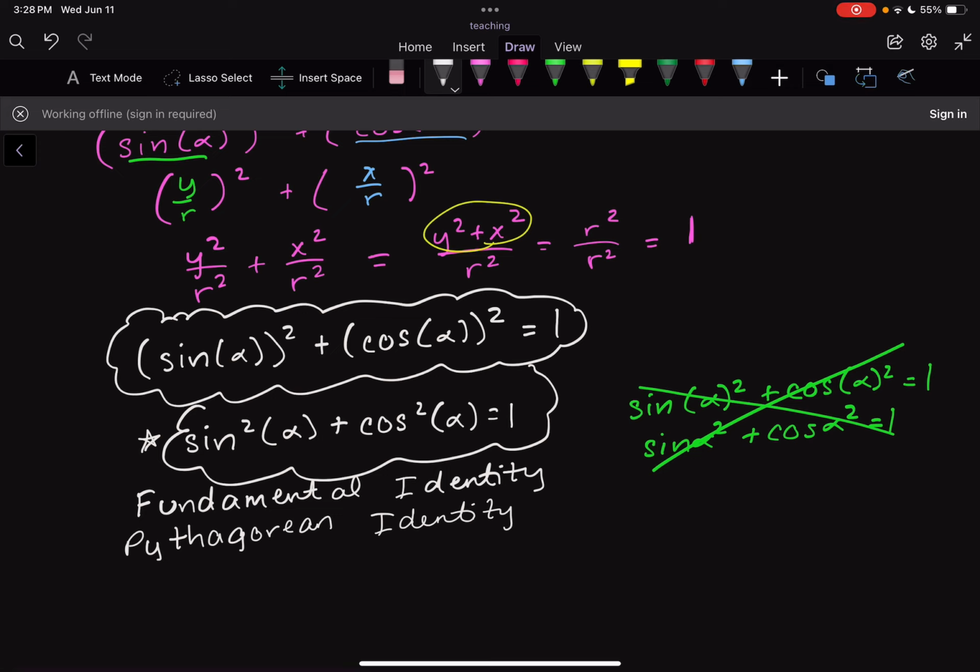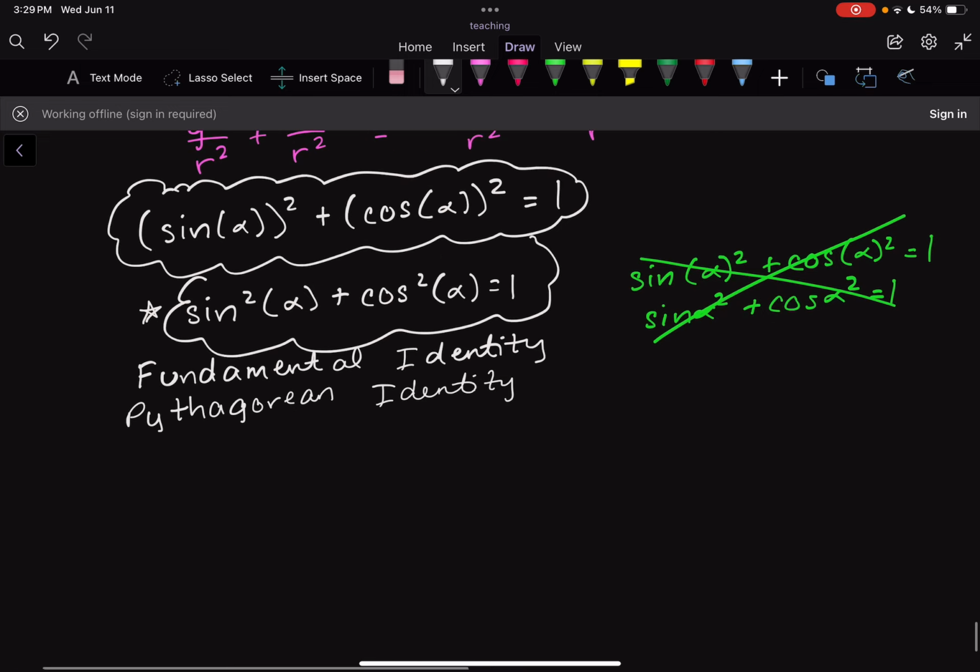Honestly, it means that almost all other identities are coming from that one identity. So in chapter 3, which we'll do after test 1, we're going to learn a bunch more identities, and they're almost all coming from these identities, or they use them in some way. Maybe they don't exactly come from it, but they use them to get to the new identity. So this is a really important identity. And I will need you to know this for test 1. So you want to remember this identity.